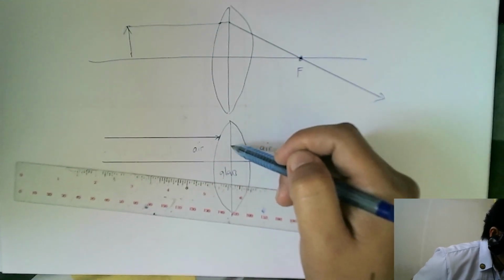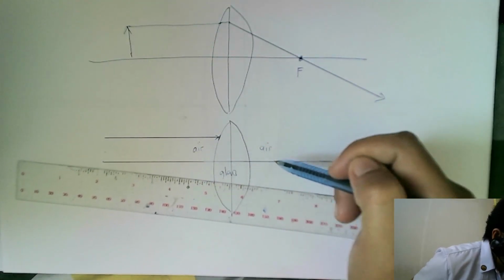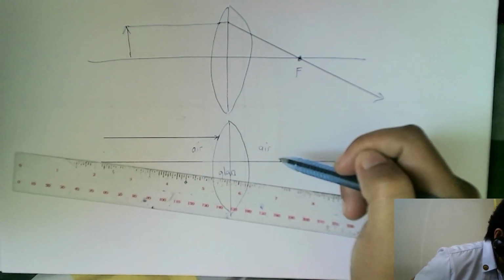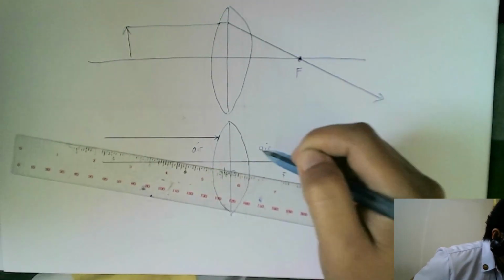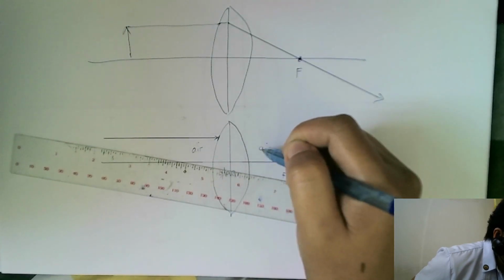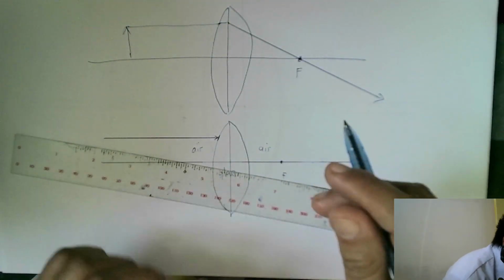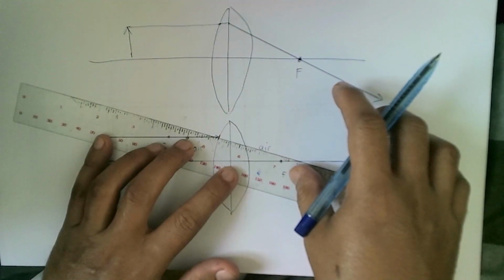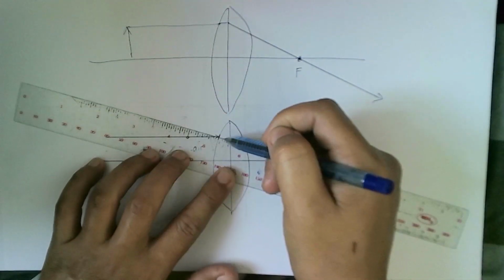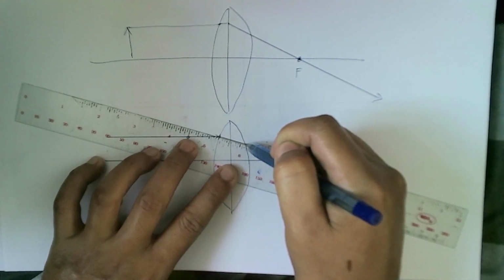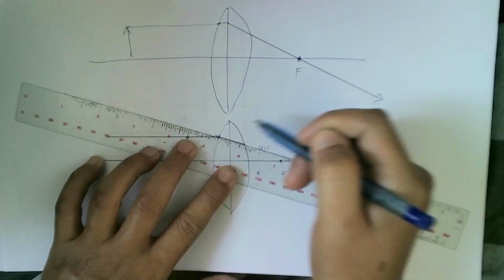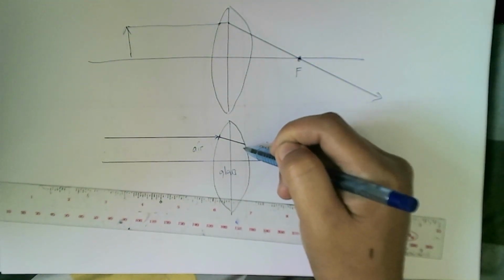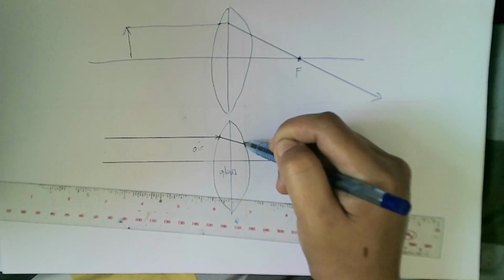Okay? And then as it exits here, it also changes direction, because it's now the boundary between glass and air. So strictly speaking, this should be what happens in reality. Light ray hits the boundary, it changes direction, okay? And then as it exits the glass to the air, that's another boundary.